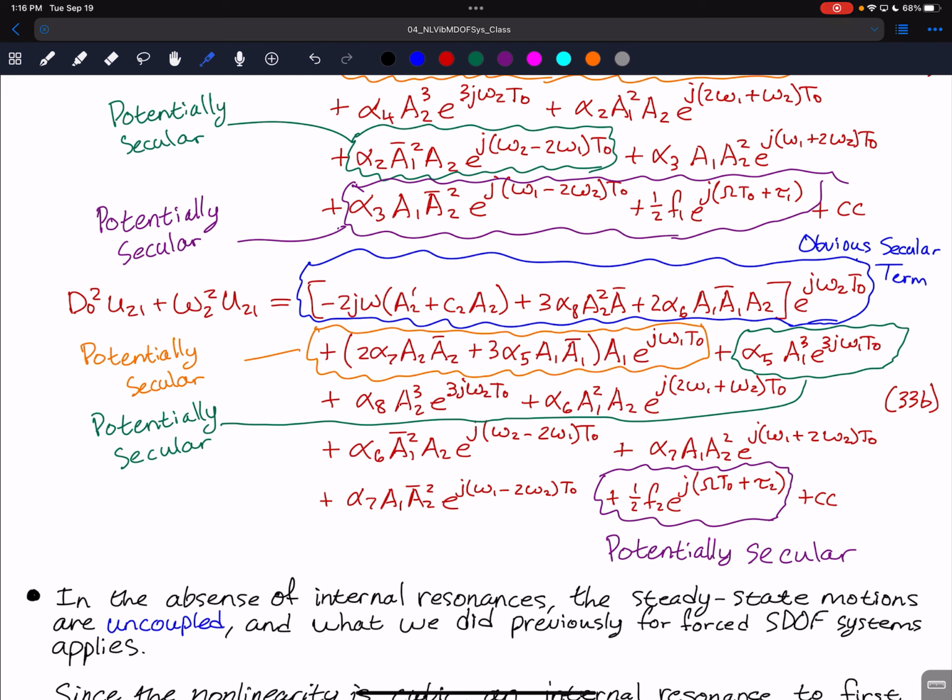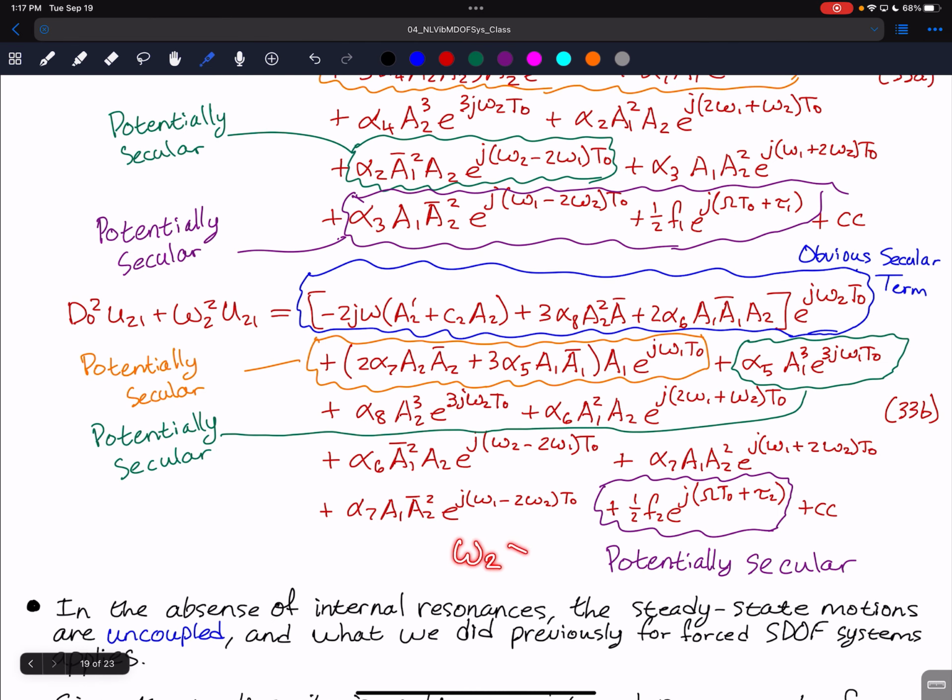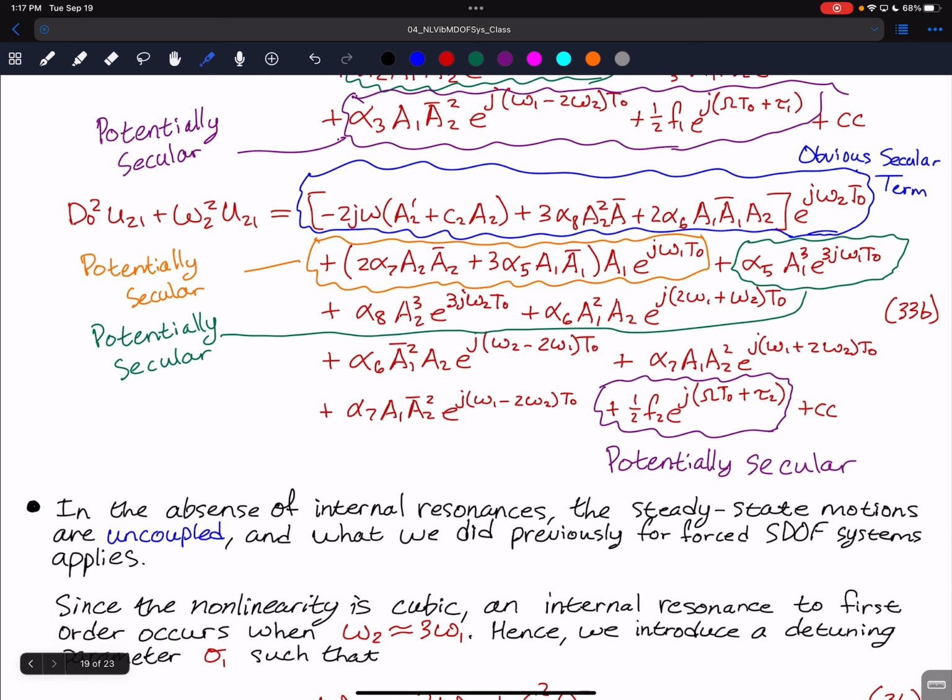I think it's non-secular just because of the assumption we made at the beginning, which is omega 2 greater than omega 1. Otherwise, yeah, all of these could work. And like I said, if you wanted to study negative frequencies, which doesn't make any physical sense, you could come and do stuff like this. But in that case, it's not secular because we've assumed that omega 2 is always greater than omega 1. If we had not assumed that, then this could be.